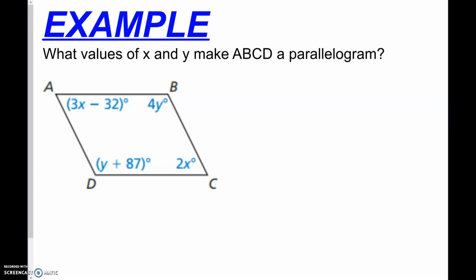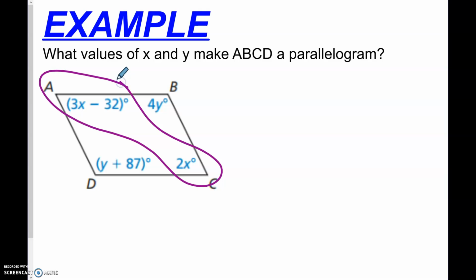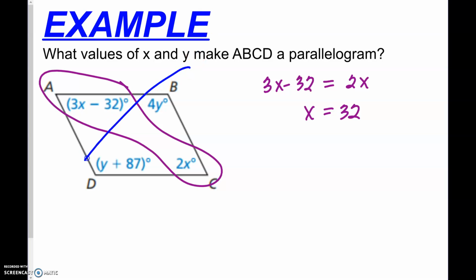All right, what values of x and y make ABCD a parallelogram? Well, if this is going to be a parallelogram, then we know that these two have to be congruent. So 3x minus 32 must be equal to 2x. All right, so x is equal to 32. So x would have to be 32. All right, and we also know that these two angles would have to be congruent.